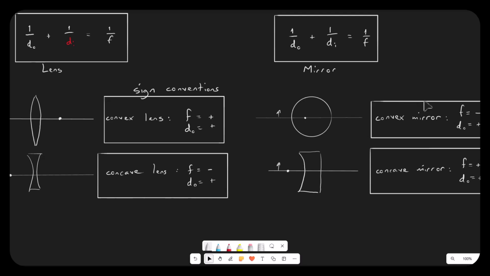So I want to put these together into one simple, have-all-the-information-in-one-location table. And it looks like this. I can go convex lens, concave lens, convex mirror, concave mirror.